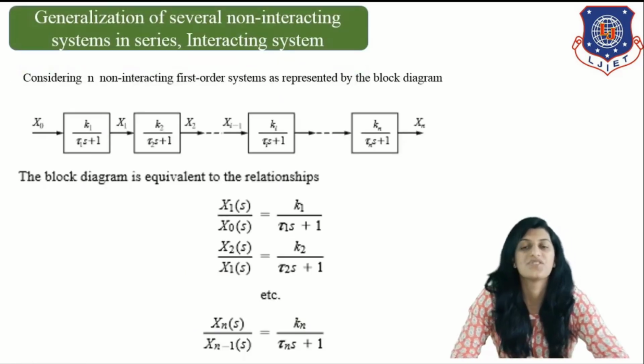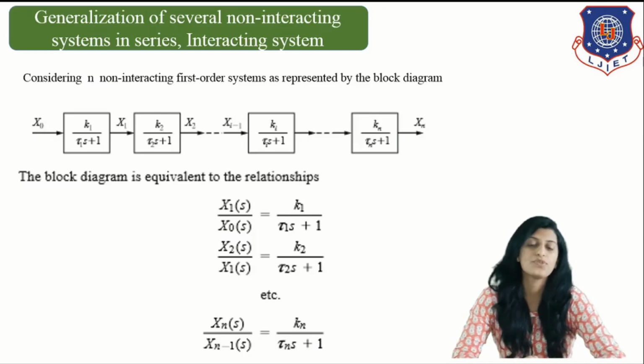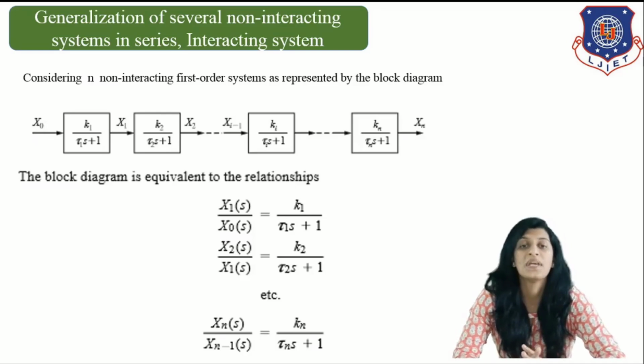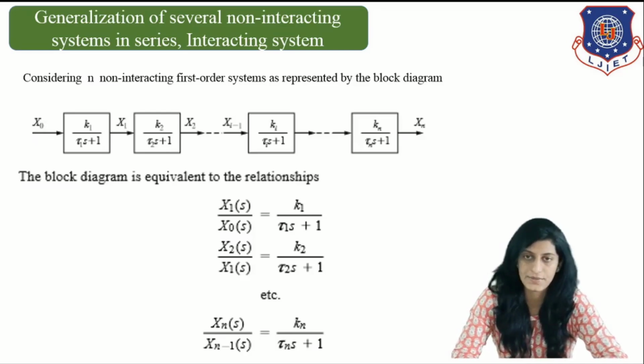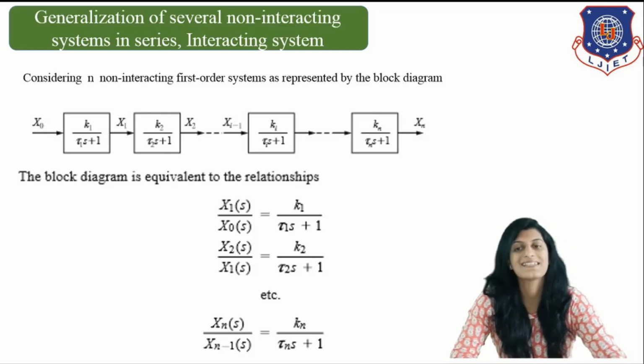Now, generalization of several non-interacting systems in series. How can we simply write a generalized formula for non-interacting systems? Suppose we have a number of systems which are connected in series. We can write it in this form.